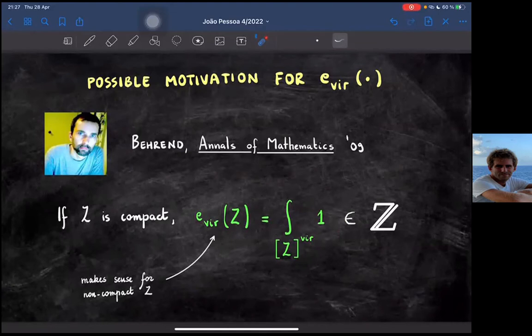Here I'm stating just a very small consequence of Behrend's theorem, but one consequence is that when your critical locus is compact, so you can integrate cycles, you have first of all this virtual fundamental class, which is of degree 0 because the virtual dimension is 0. So you just take the degree of this virtual class, and this number is the one you would like to compute according to this principle.